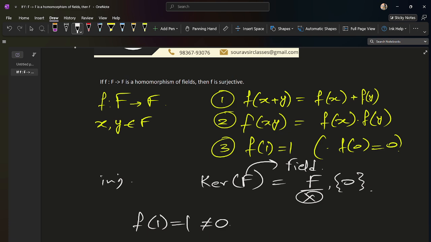So the kernel is only the singleton {0}.